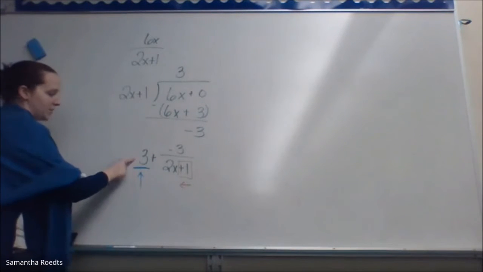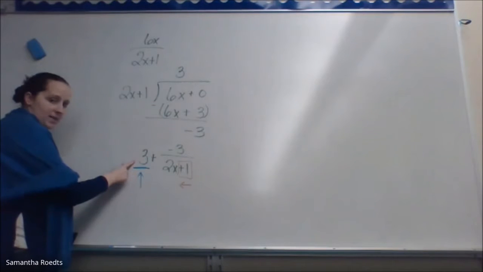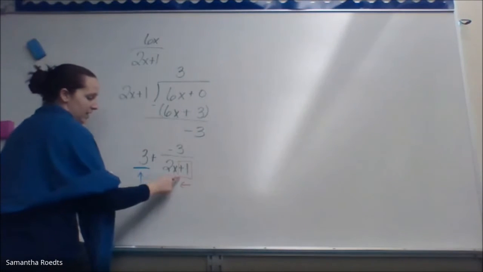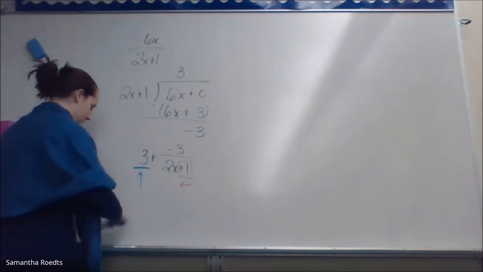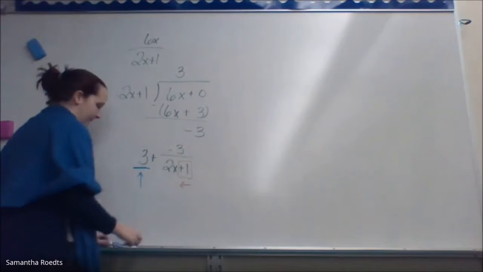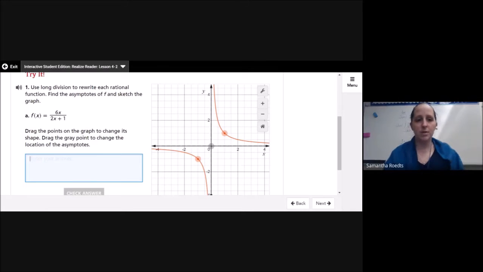This is a horizontal asymptote at 3, and I have a vertical asymptote at negative 1. I need asymptotes and then sketch the graph. So I have x equals negative 1, y equals 3, and then there's a stretch value of negative 3.